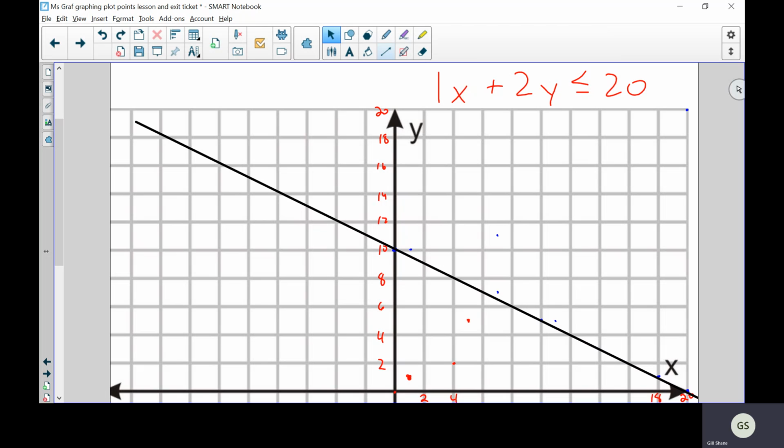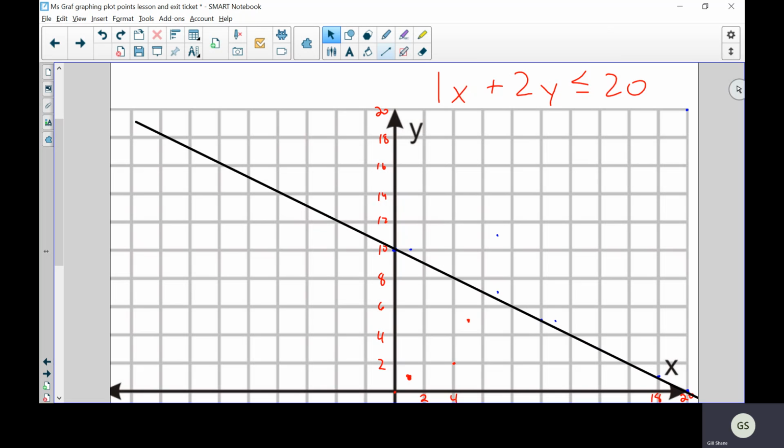But when we put all these points right next to the line, those were $21. So the farther away from the line you get, the farther away you get from actually making the inequality true. Now, if we pick points on the red, again, the closer we are to the line, the closer we are to $20. 0 was $0, so we're way away from $20 if we're at $0.